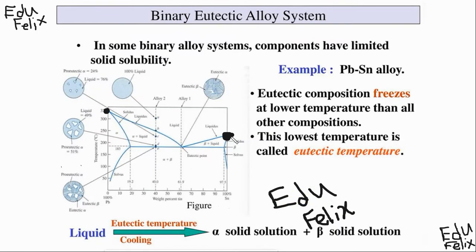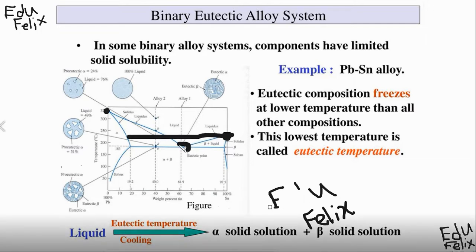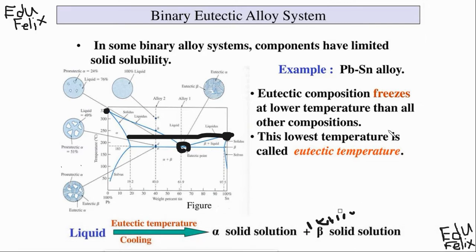But here you can see this is your lower level, and at that position you have a lower melting point than these two. That is, the eutectic composition freezes at a lower temperature than all other compositions, right?